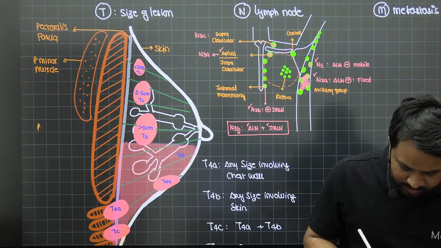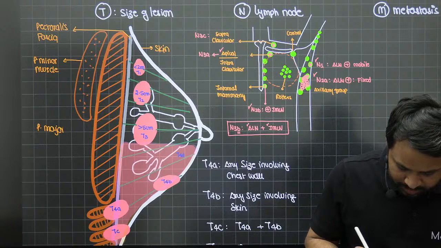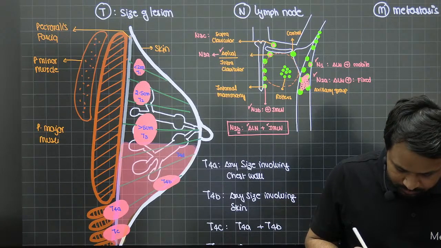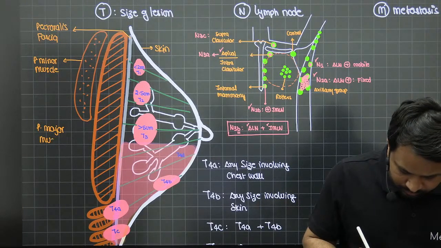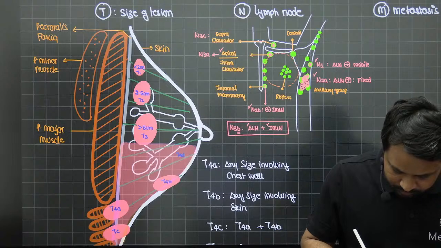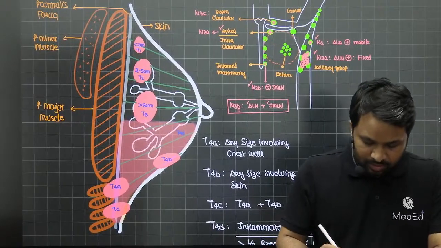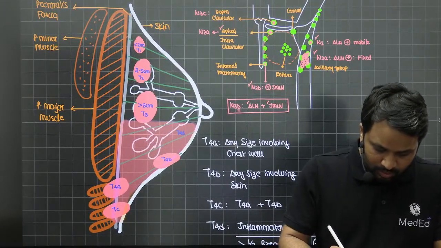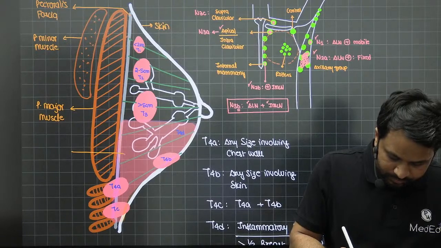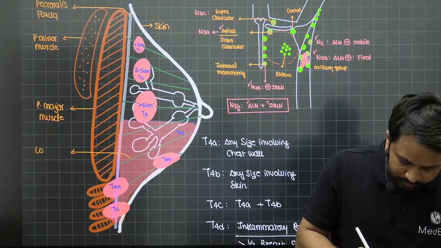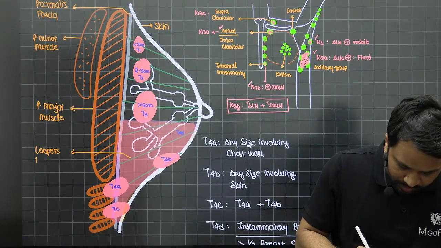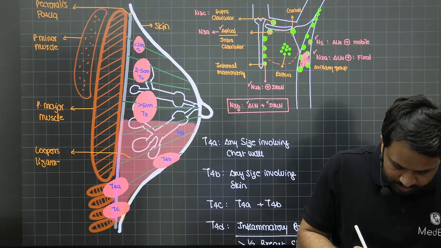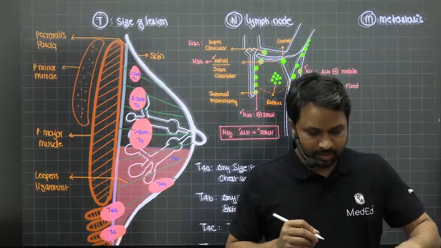This happens to be the pectoralis major muscle. Right? So this happens to be your Cooper's ligament.